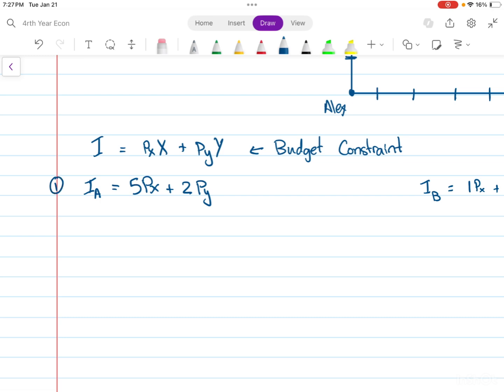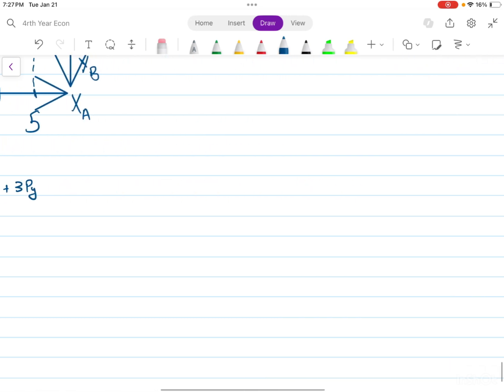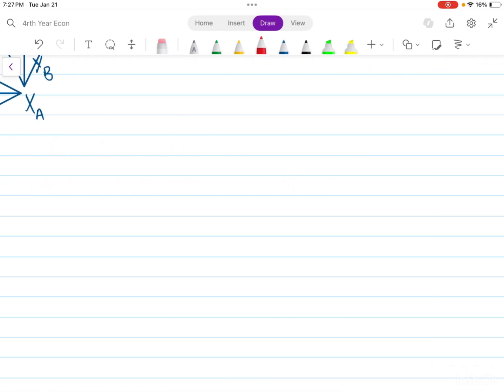The second step is to figure out what their demand functions are. The way we do that is we use the Cobb-Douglas shortcut to take their utility functions and find the demand functions for good X and good Y. Let's review the Cobb-Douglas shortcut real quick.